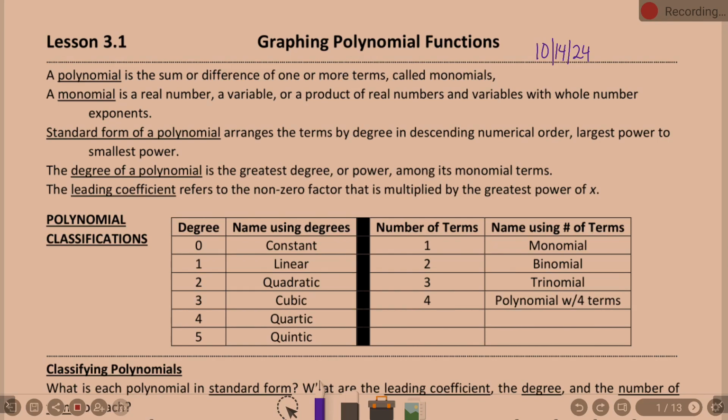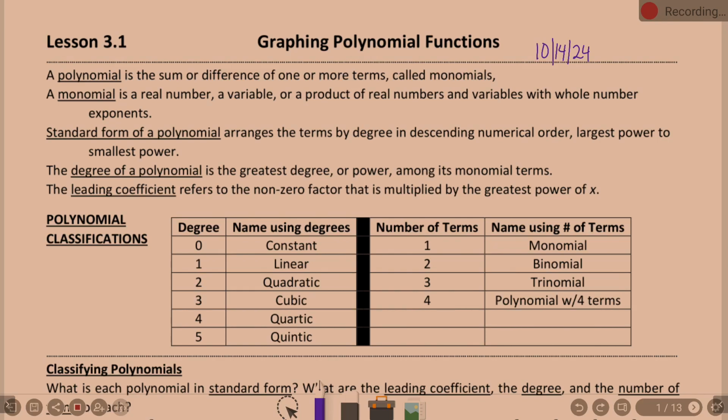So, definition. A polynomial is the sum or difference of one or more terms, which are then called monomials. As you look down, I don't have them on the screen, but examples A, B, and C are all examples of polynomials. They're terms just added and subtracted. Now, specifically, a monomial, which is just a single piece of that, is a real number, a variable, or a product of real numbers and variables with whole number exponents.